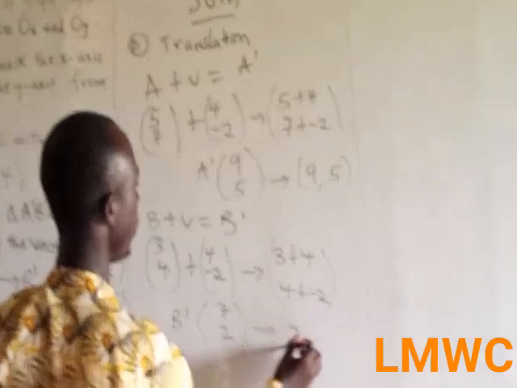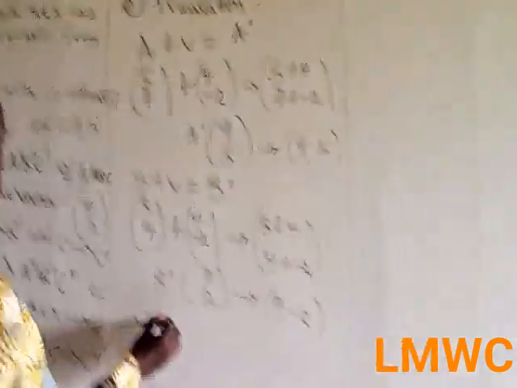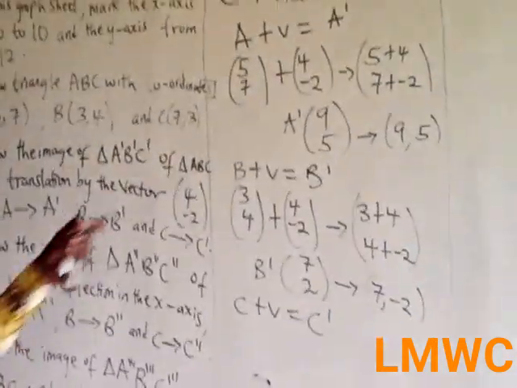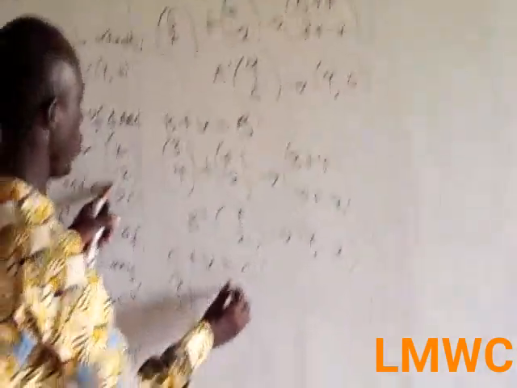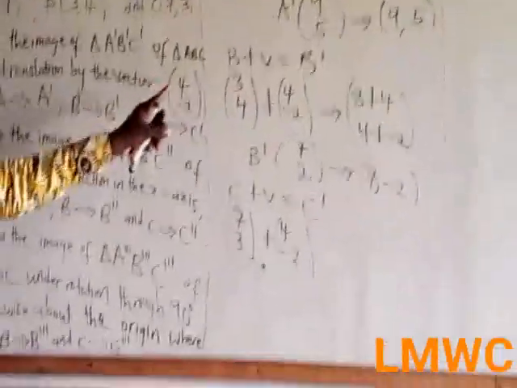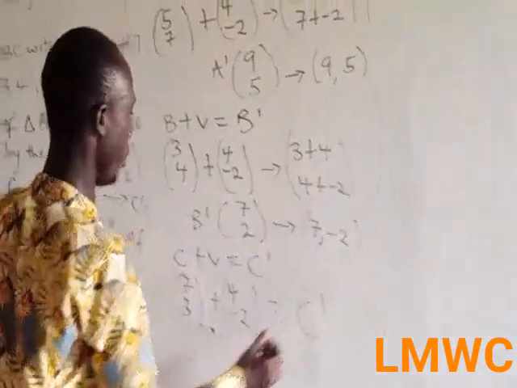So it's (7, 2). So C plus V is equal to C prime. So always translation means add. What is C? We have (7, 3) plus V, which is (4, -2). So you see, in each case, we added the translation vector to the coordinates to get C prime.